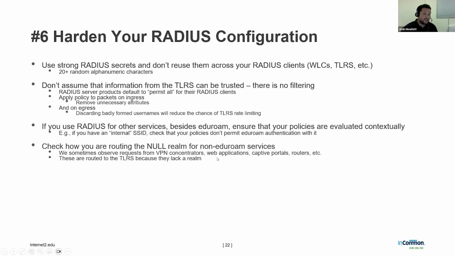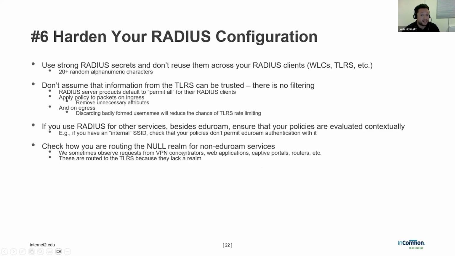There's another interesting case of this, which is that RADIUS is used for various other applications besides Wi-Fi authentication. So RADIUS is used for VPN concentrators, web applications, captive portals, authentication to router and switch infrastructure, and so forth.